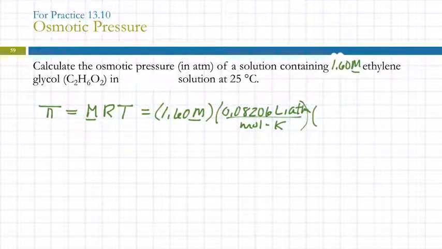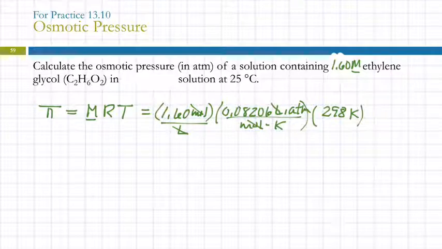And the temperature, 25 degrees, is 298 Kelvin. So here I've got moles and liters. There I've got molarity. So let's write that out so it's a little clearer. Molarity is moles per liter. Moles cancel, liters cancel, kelvins cancel, left with atmospheres.